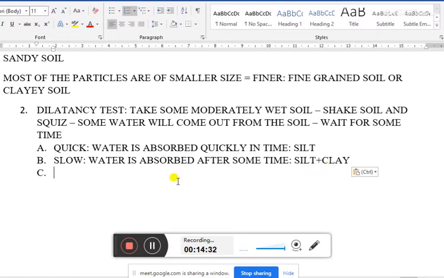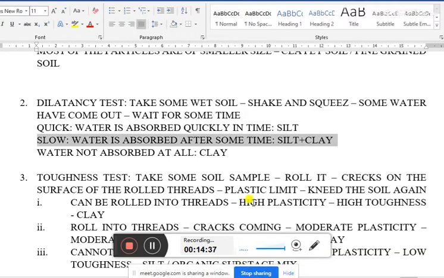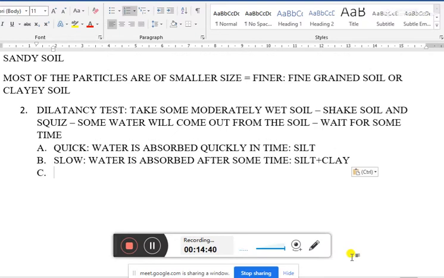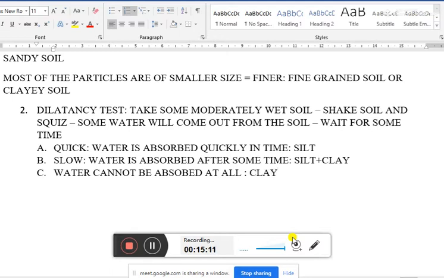Okay, now if the operation, that means absorbance of water, cannot happen, the water cannot be absorbed at all, then the soil may be classified as clay.